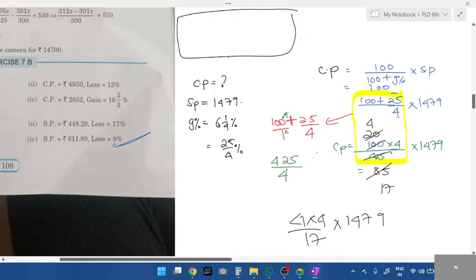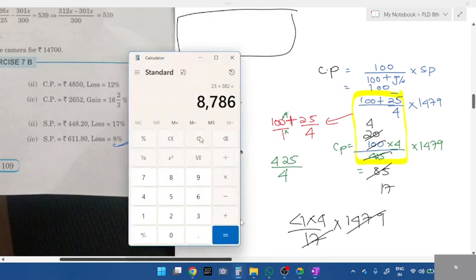Then which timetable do I need to use? 17 ones are. You have to check in 1479, students. How many times does it go? Let me check. 1479 divided by 17. 87. 87 into 4 fours are 16. 1392. All of you got 1392?